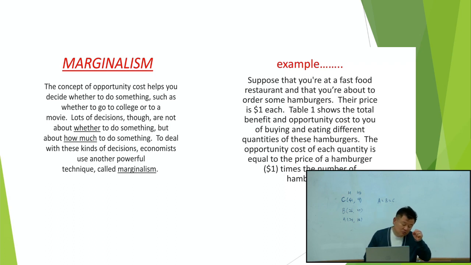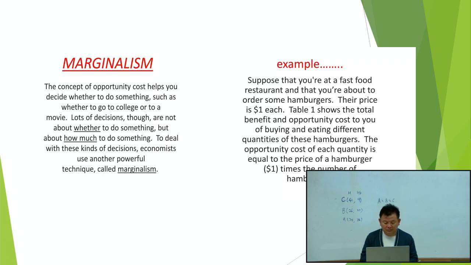You have to go study, but I want to go to the movies. So there are lots of decisions there. But it is not only whether to do something, but how much to do something. To deal with this kind of decision, economists use another powerful technique called marginalism.